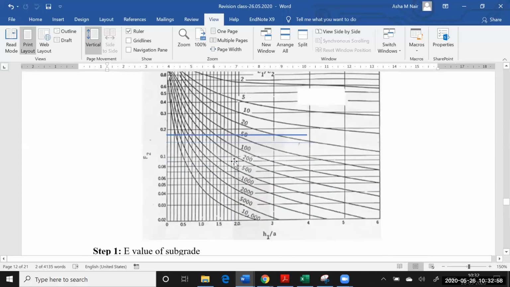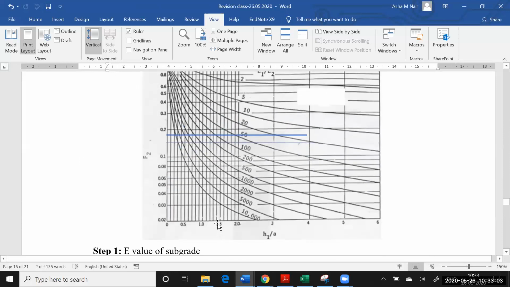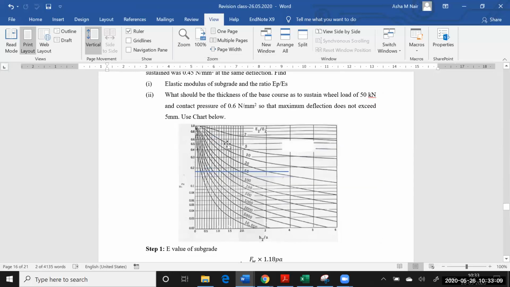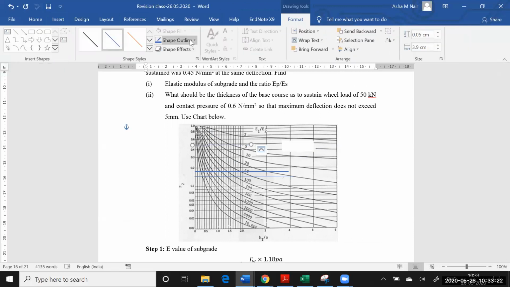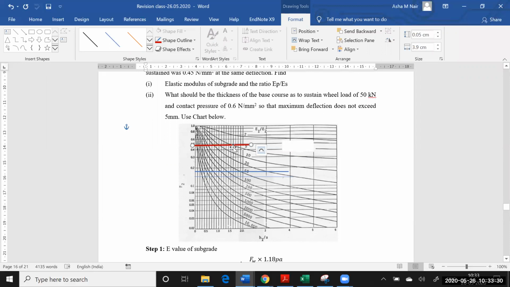So 0.49 will come somewhere here, and 1.33, because this is 2. Let me zoom this to 100%. You can see here, this is 0.49, and this is 1.33.